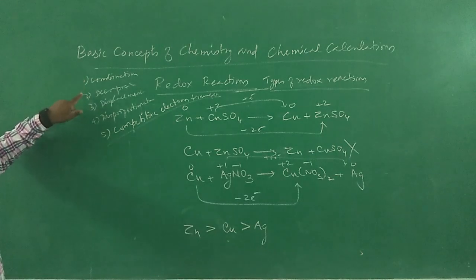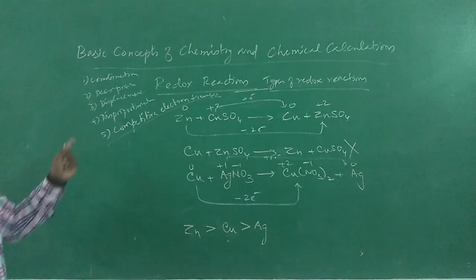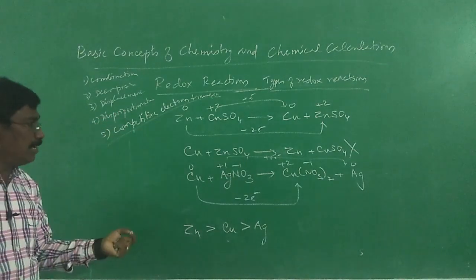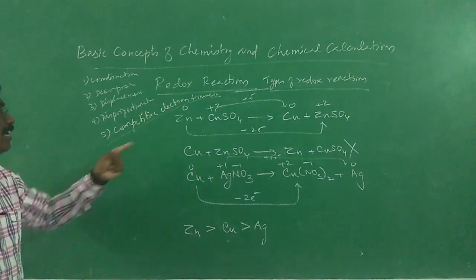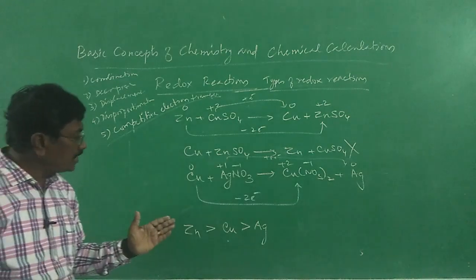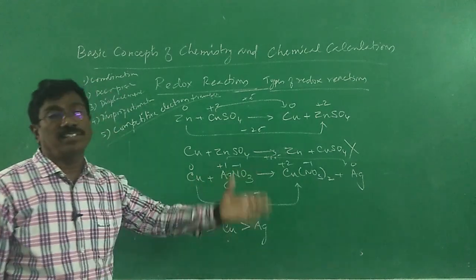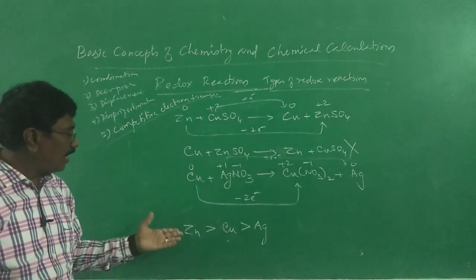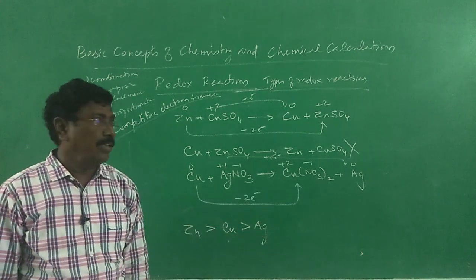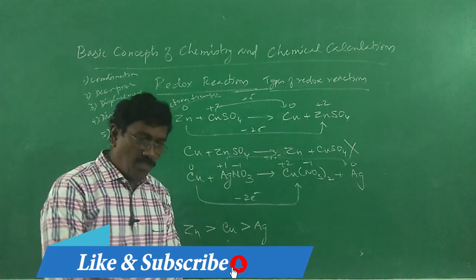It can be combination, decomposition, displacement of metal or element, or disproportionation where a particular element is getting oxidized and reduced. Here in competitive electron transfer, one is superior over the other in gain of electron or loss of electron. Here in terms of loss of electron, this is the order.